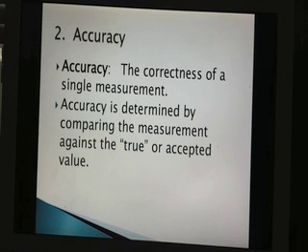Accuracy. It is the correctness of a single measurement. Now, what do I mean by that? Well, you compare your measurement to a true or a scientifically accepted value. Accuracy. How close is your measurement to what the true value actually is?